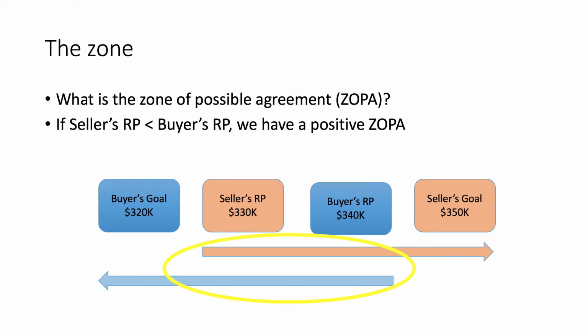Essentially what we're saying is that once you come to understand how to find the zone of potential agreement and you're able to identify it within a negotiation, there's an opportunity for you to take more of the bargaining range, more of the value out of the negotiation by continuing to negotiate within the zone of potential agreement.